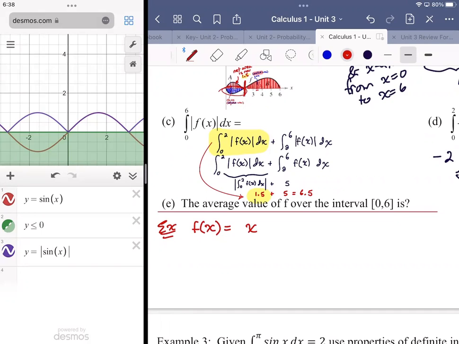I'll do a trig function because I already have one on the screen here. I was going to do a cubic, but I'll do a trig function. Really, this function would be fine. So f of x is equal to the sine of x over the interval of negative pi to pi.